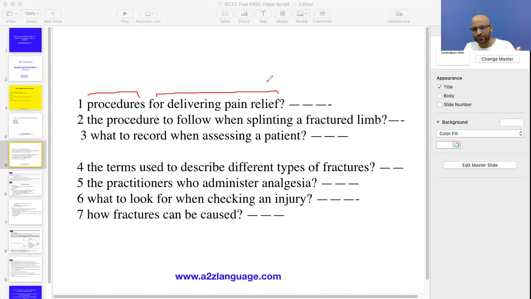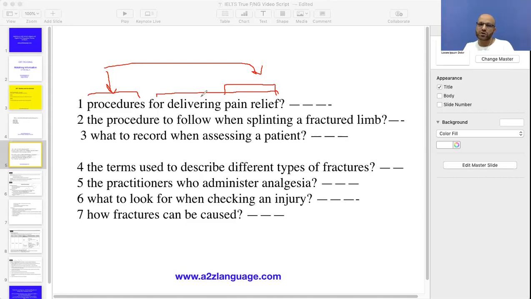Make sure that you focus on the meaning of the question. Procedure, focus on this keyword, and delivering pain relief. A procedure for relieving pain. This statement is being discussed in which paragraph?